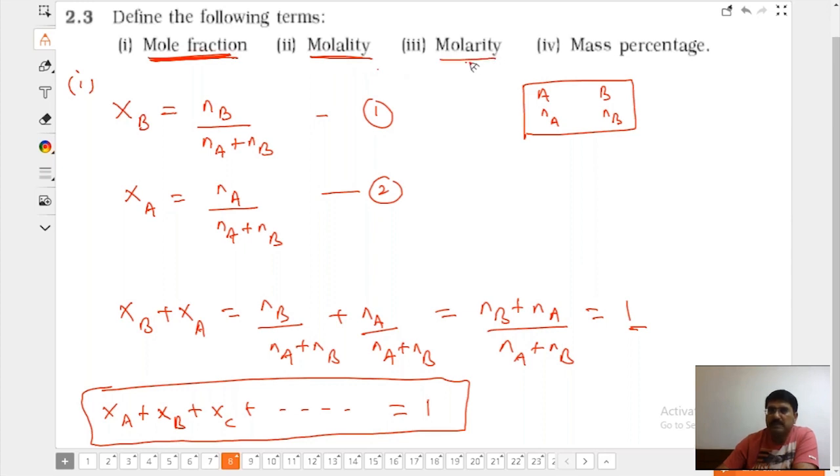Number of moles of a component divided by volume of solution in liters. What is mass percentage? Weight of a component divided by total weight into 100, that is WB divided by WA plus WB into 10 to the power 2. In parts per million, it is 10 to the power 6. What is your doubt?